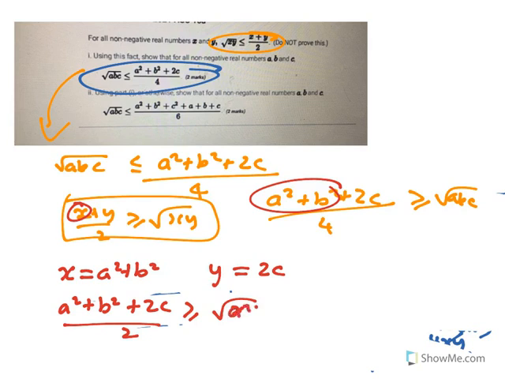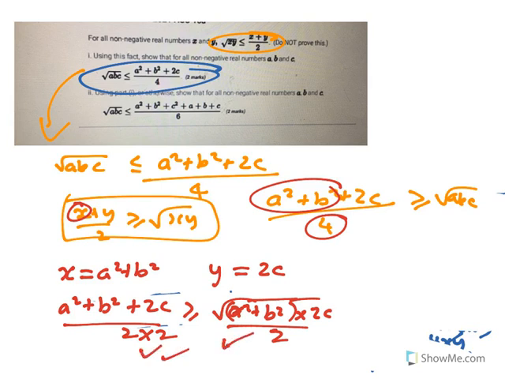So x is A squared plus B squared times the 2C. So we have a little bit of an issue here that we have a 4 there. So if I divide both sides by 2, then I have created my left-hand side. So I know that this is true, because I used my original expression.